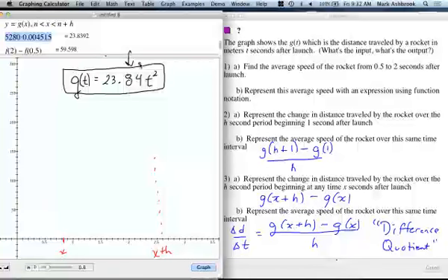Yeah, all you have to do is the first step. You don't have to do any simplifying. Just set up the difference quotient. Go ahead and ask her. I'll ask her.